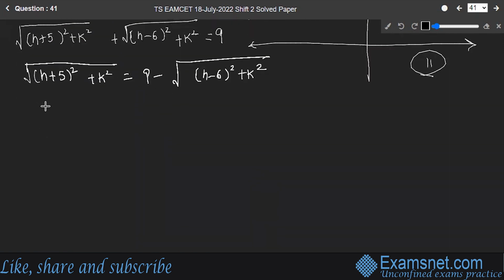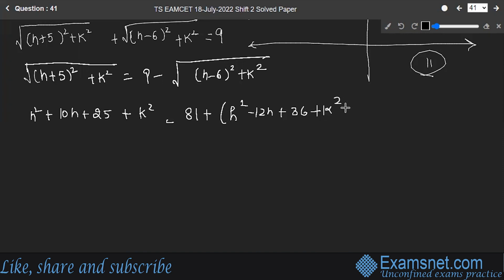You will have, I'll open up the squares also, h square plus 10h plus 25 plus k square is equal to 81 plus h square minus 12h plus 36 plus k square minus 2 into 9 root of (h minus 6) square plus k square.